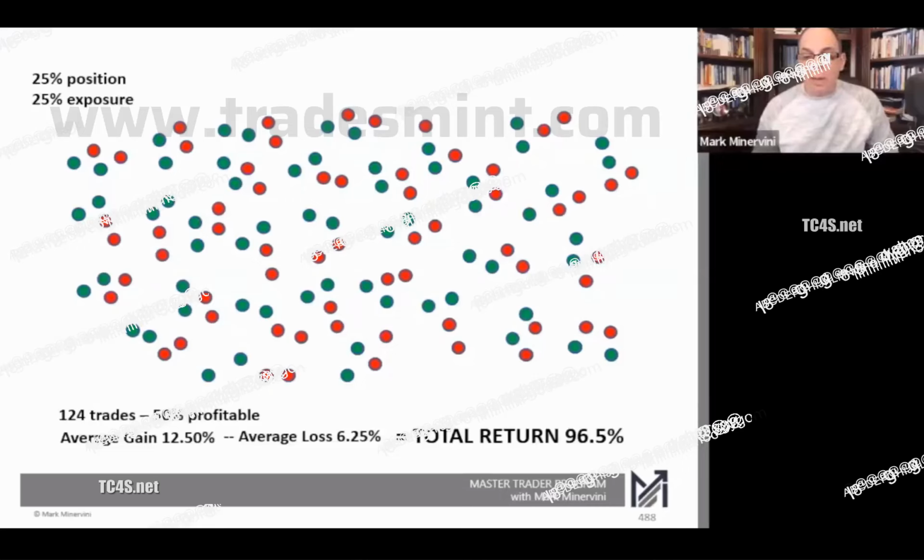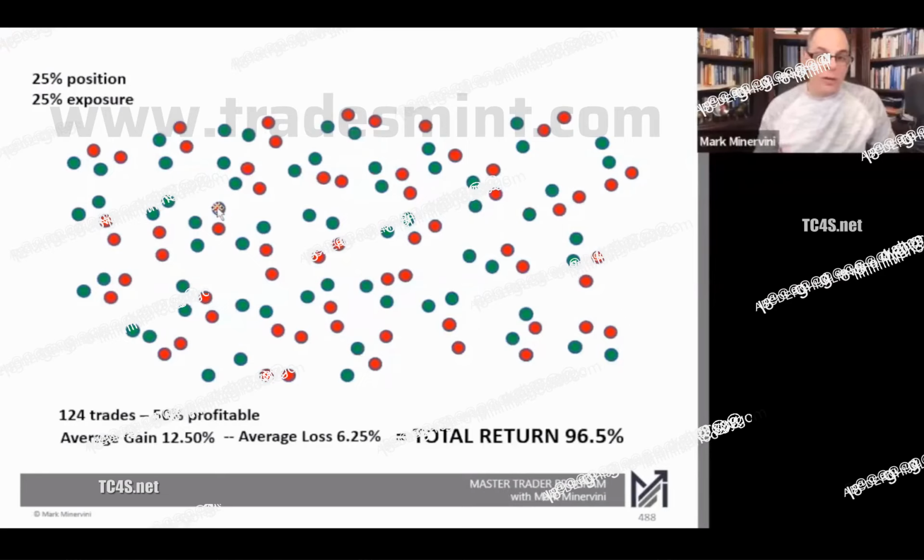So now we're going to calculate a return based on this scatter plot, if you will, and base it on a 25% position size in each of these trades and 25% exposure, never more than 25% exposure.